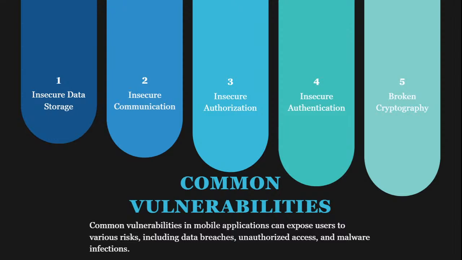Now we have broken cryptography. What broken cryptography actually means is that, suppose you are using a certain application or device which is not applying a proper configuration or a properly encrypted key system.